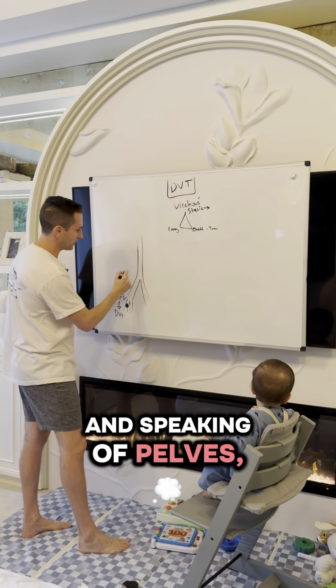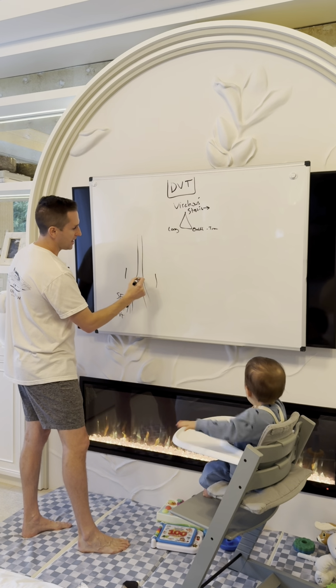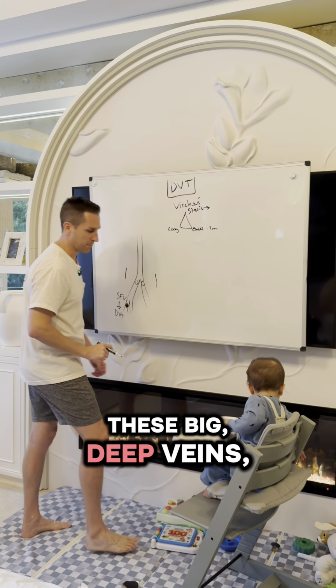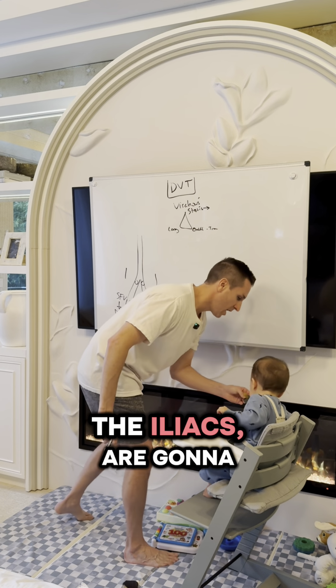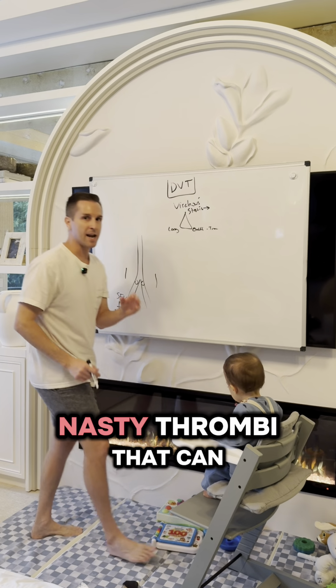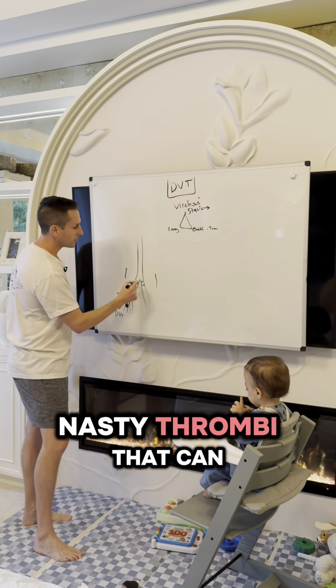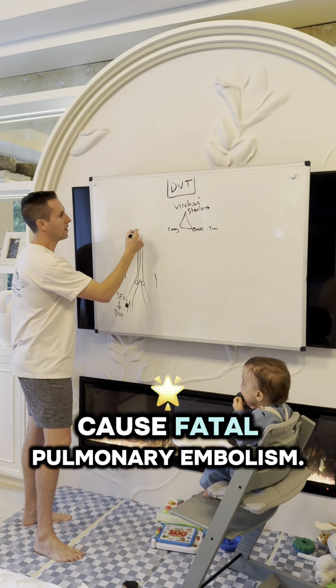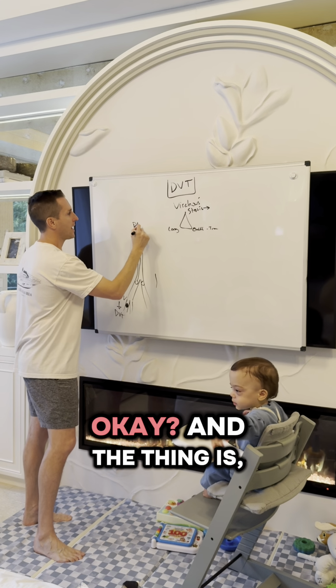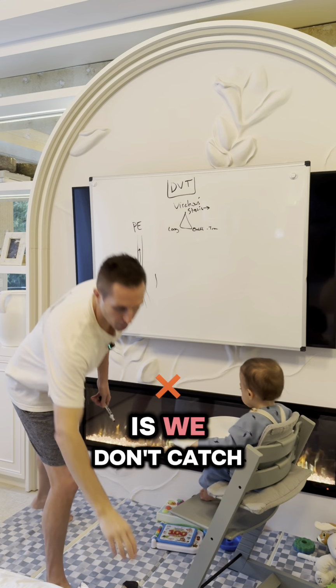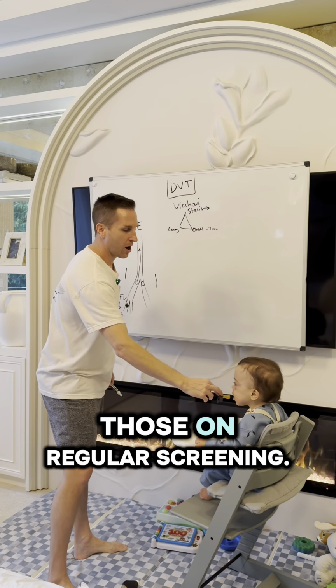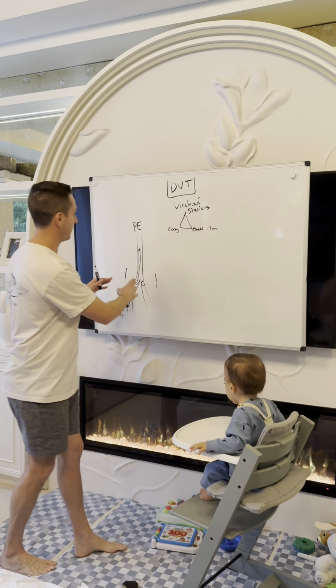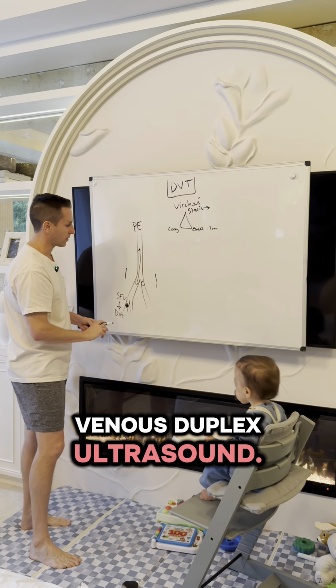And speaking of pelvises, your pelvis is here. These big deep veins, the iliacs, are going to house big nasty thrombi that can cause fatal pulmonary emboli, okay? And the thing is we don't catch those on regular screening venous duplex ultrasonography.